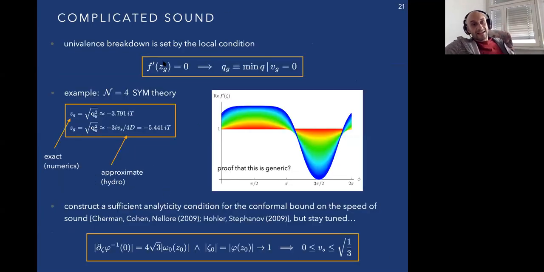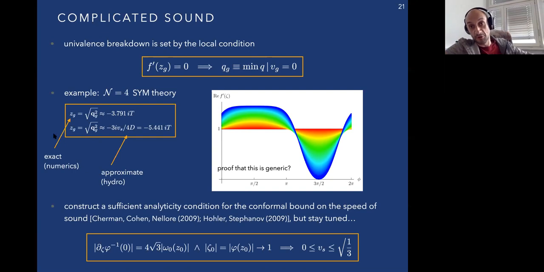Okay? All right, good. So for sound, one can do similar things. And as I told you, it seems that univalence of sound dies with this local condition. Now, again, there's a question mark here. I do not have a proof that this will be true generically, but one can, in this case, approximate the position because this happens within the disk of convergence. This means that you can use the hydrodynamic series.